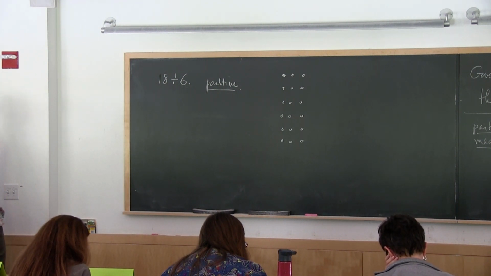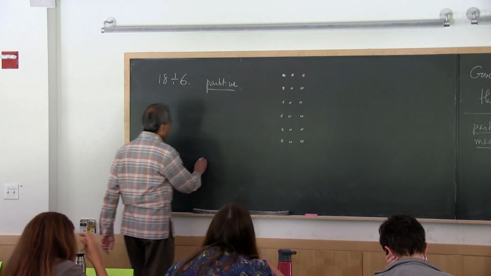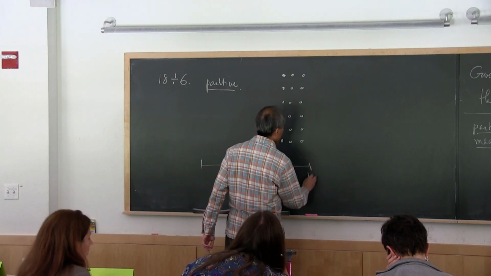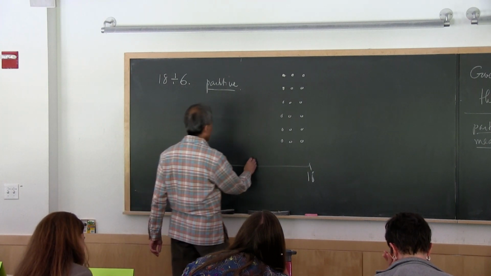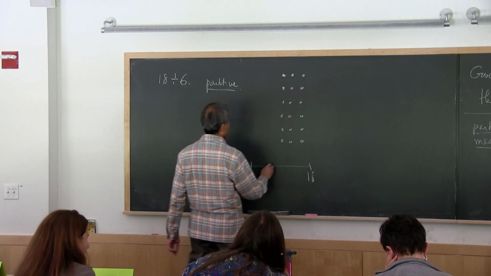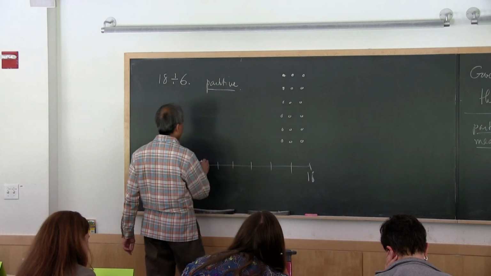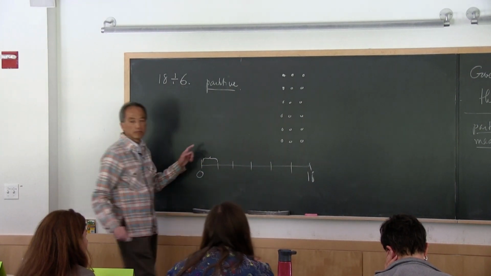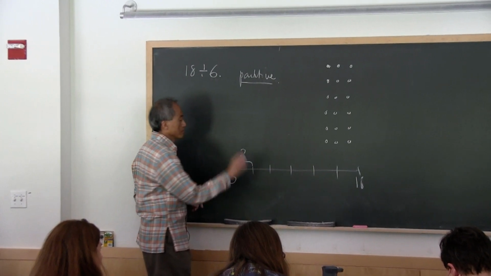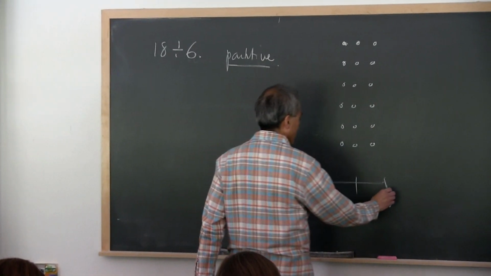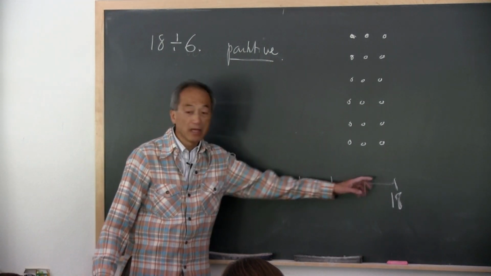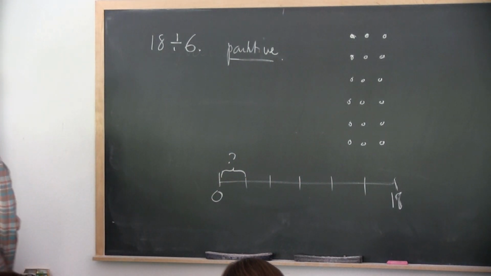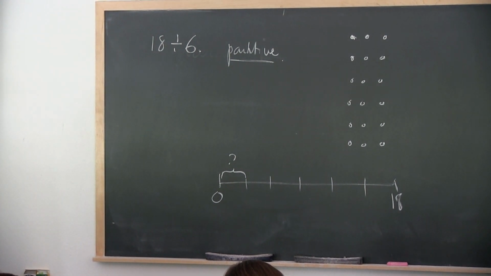You're partitioning 18, or in terms of the number line, then you're asking how big is this? There's 6 here. So 1, 2, 3, 4, 5, 6. 6 equal segments. And just say how long is each segment.